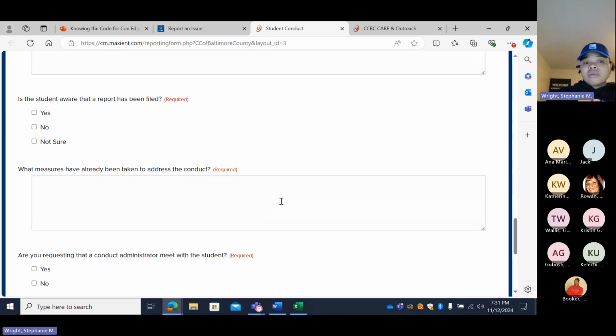In the incident that you're filing, we're going to ask, does a student know that you're filing a report? And so there's going to be times where, like, if you're needing the student to leave, you could say, just want to let you know, I am going to be submitting a report to student conduct, right? We try not to have the student blindsided with not knowing, and then we send them a letter to meet with them, and they're like, what are you talking about?